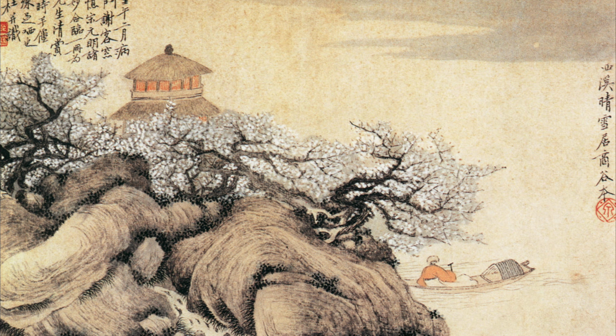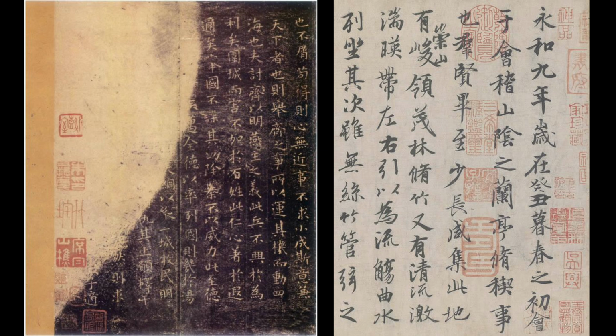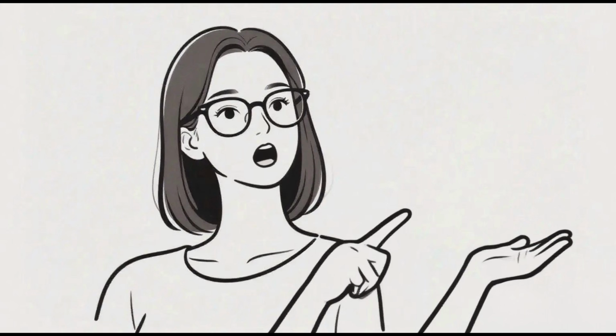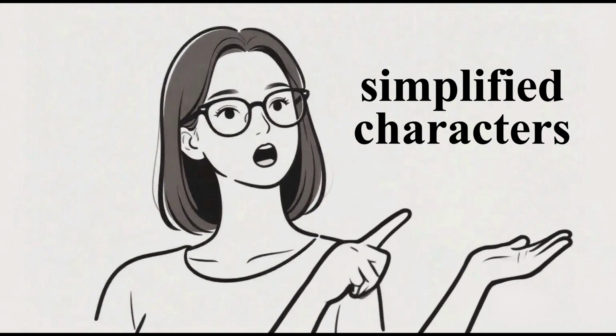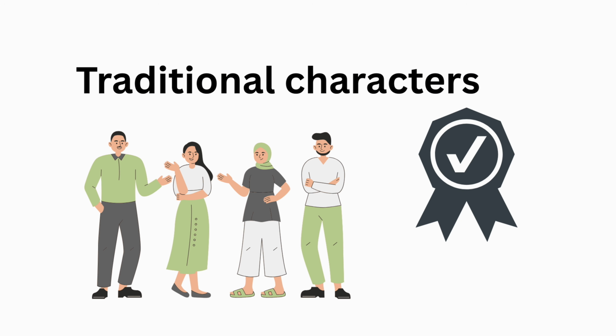You may have seen traditional Chinese paintings or calligraphy works like these. Very beautiful, right? The characters in those works are traditional Chinese characters. But in this channel, we will focus on simplified Chinese characters. So, what's the difference? Traditional Chinese characters were once the standard writing system across all Chinese-speaking regions.